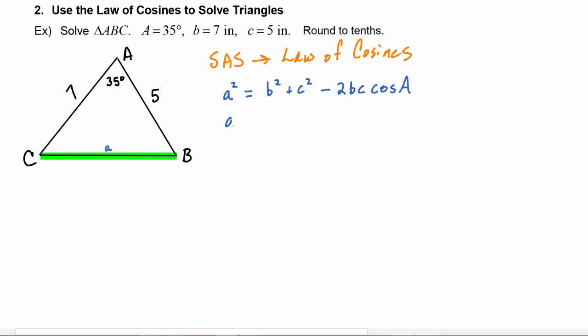We know that B is equal to 7, so we'll get 7 squared plus C is equal to 5, so 5 squared minus 2 times 7 times 5 times the cosine of 35 degrees.